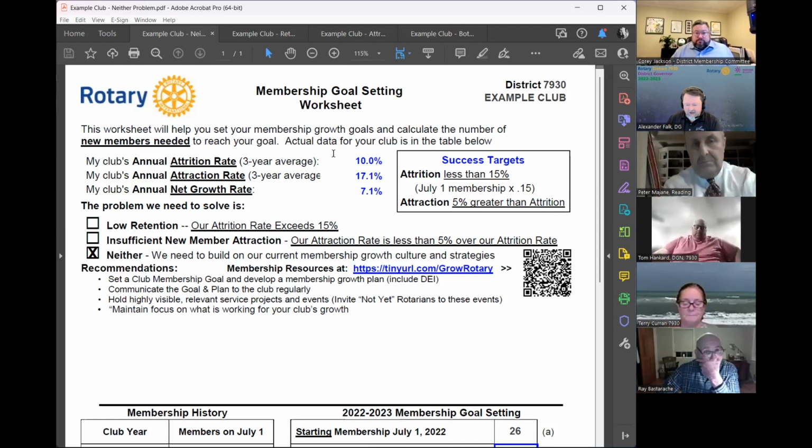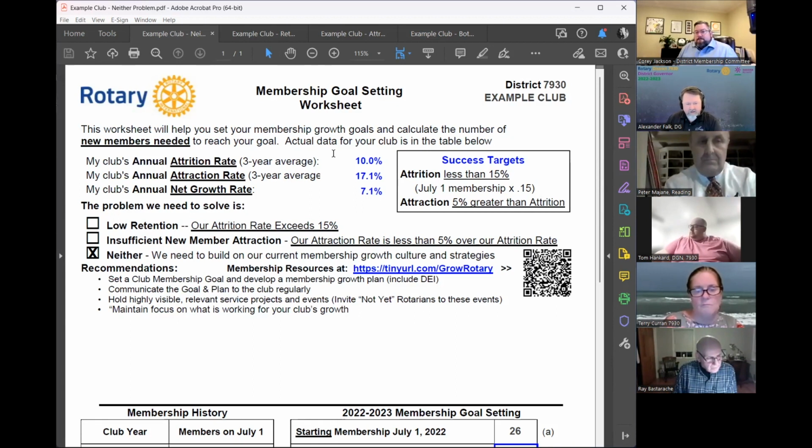And to understand that, it helps to know that, for example, all US trade associations across the entire United States have an average attrition rate of 15%. Rotary International overall, globally, has an attrition rate of 14%. And 10% is pretty much as good as it can get. There's almost no organization that gets a lower attrition rate than 10%, as a matter of fact.